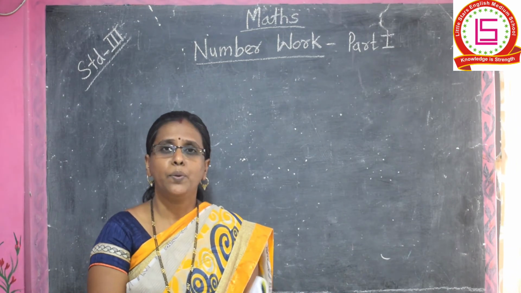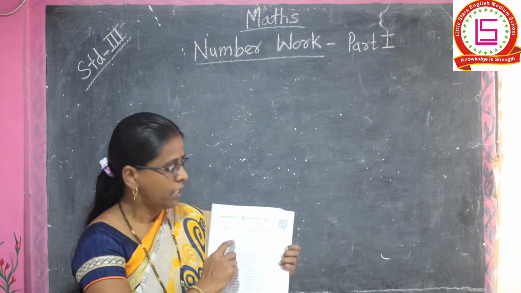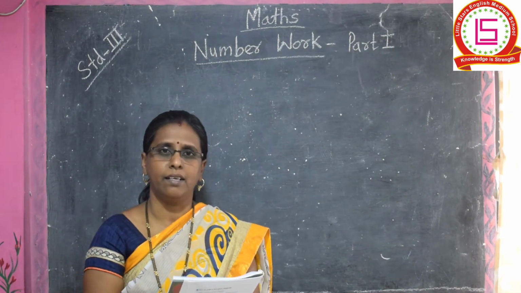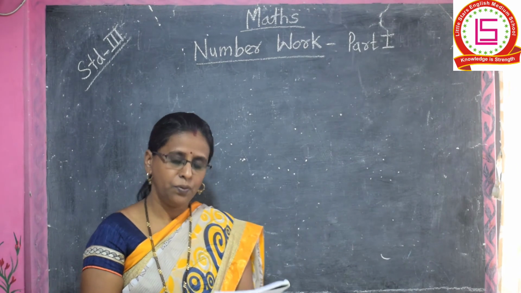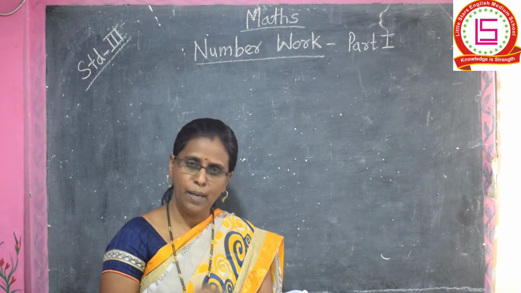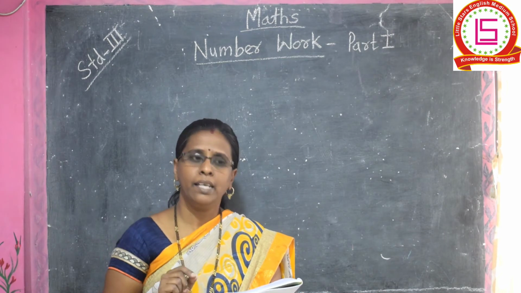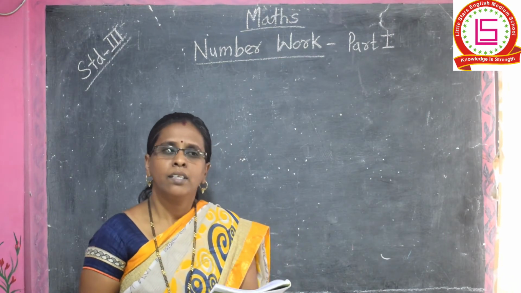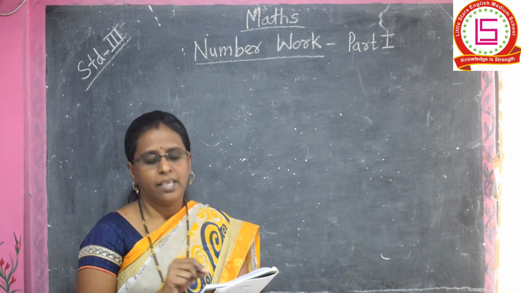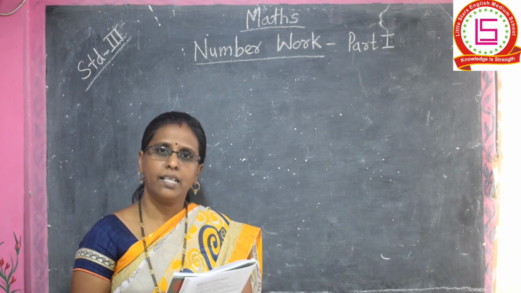Then 21 to 30 yellow color. You have to color the boxes in that series, using different colors for different numbers.